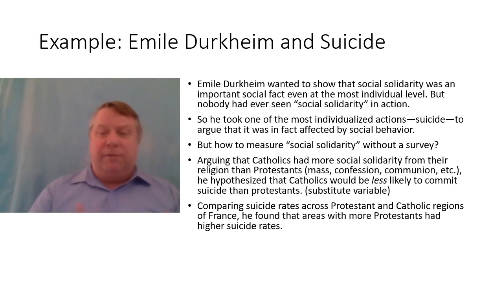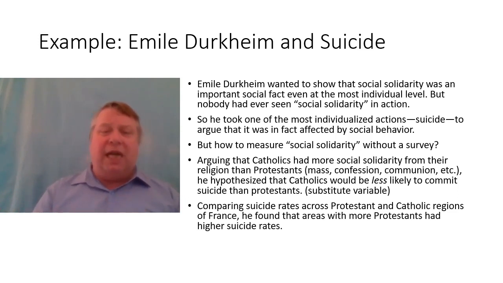So arguing that Catholics had more social solidarity from their religion than Protestants, because Catholics go to Mass, Catholics have confession, they have communion. So in other words, Catholics have a sense of support from their church, which Protestants don't have, or at least not to the same extent.